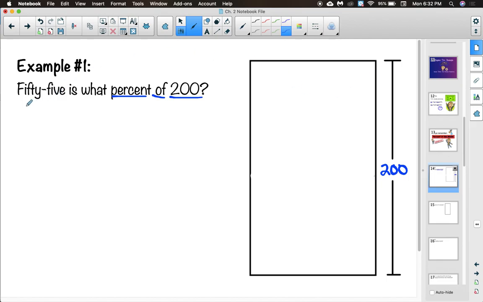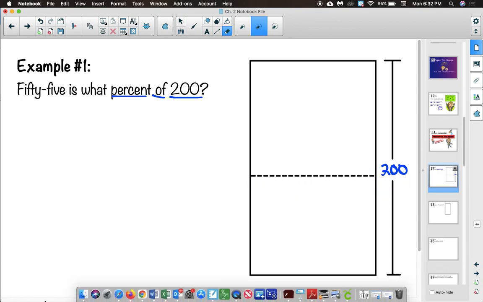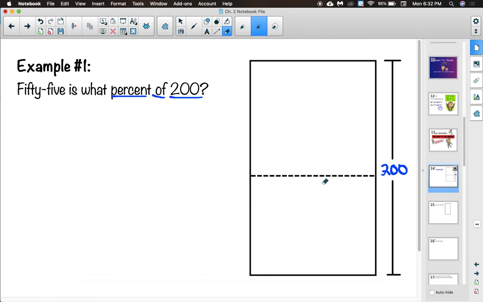And we're asking 55 is what percent of 200? So let's say we fill that 200 ounce container up to 55. That's not really a good location for that line. Let's move that down a little bit. There we go. That's probably closer. There we go. So 55. So we only fill it up 55 ounces.